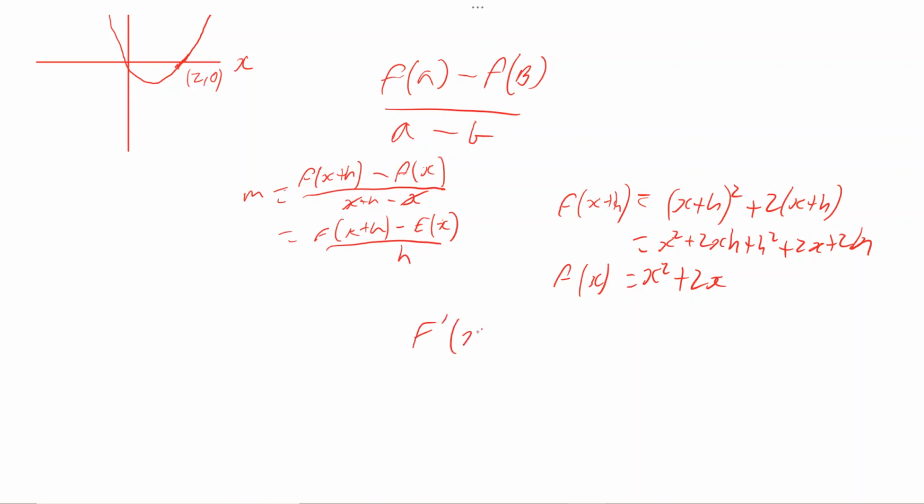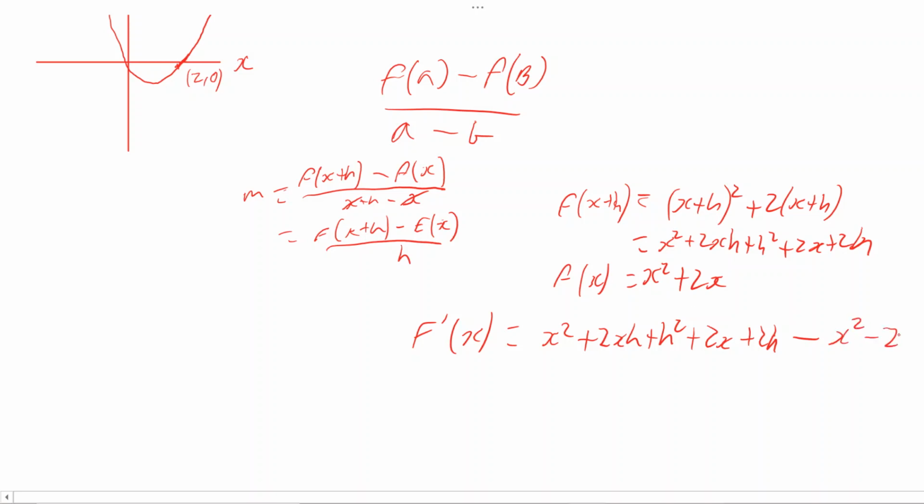So f dash x is the symbol for the derivative, and this is your general equation for your instantaneous gradient, so instantaneous rate of change. So we'll plug these numbers in: x squared plus 2xh plus h squared plus 2x plus 2h, minus f of x, which is x squared, so minus x squared, and then minus 2x, because obviously both minuses.